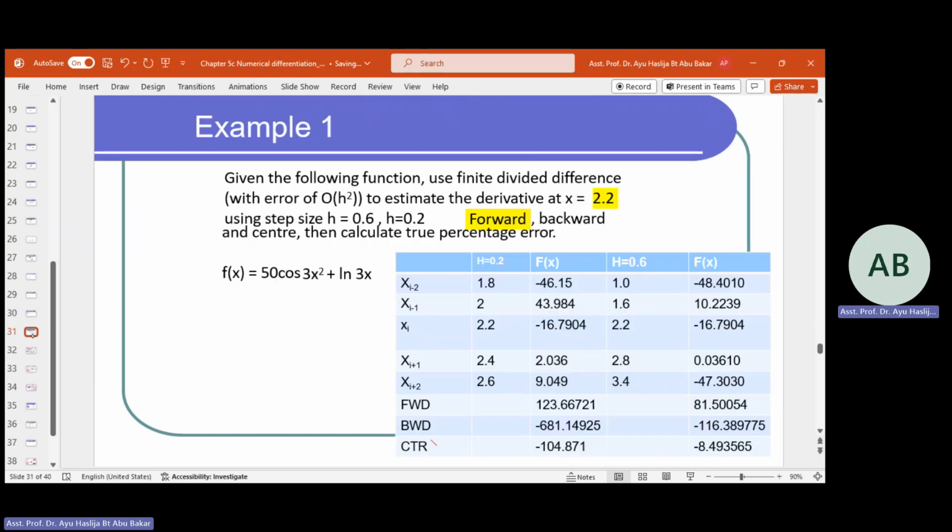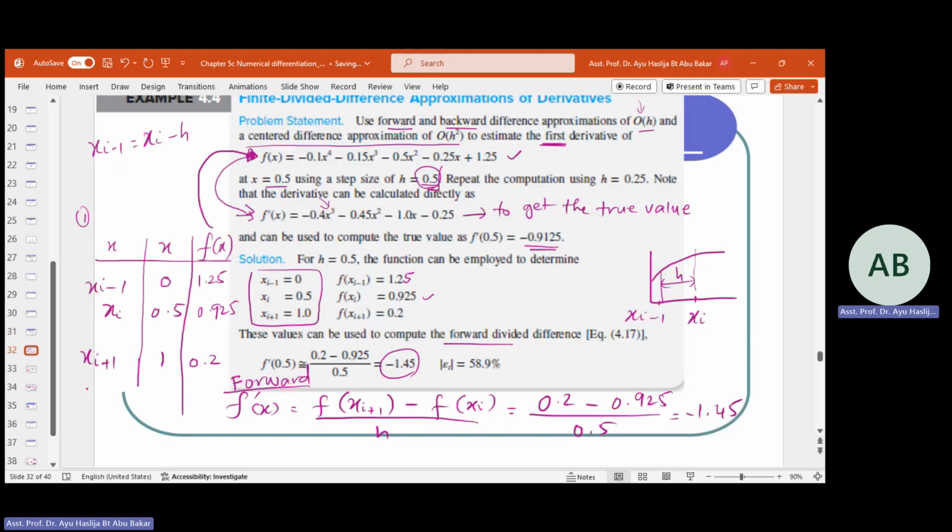Okay, now let's try some examples. This one you can try on your own. Now I want you to try. Oh, sorry, I haven't erased this one.